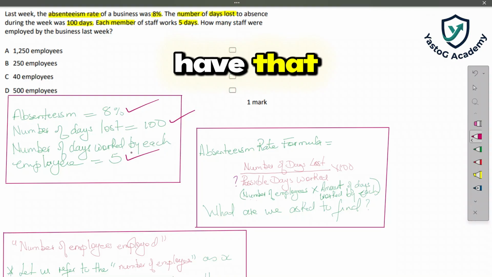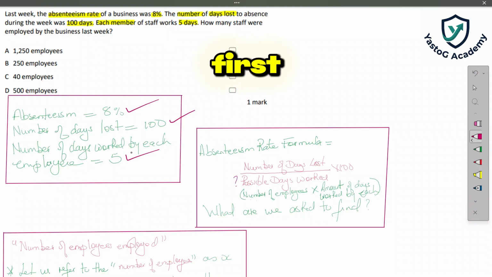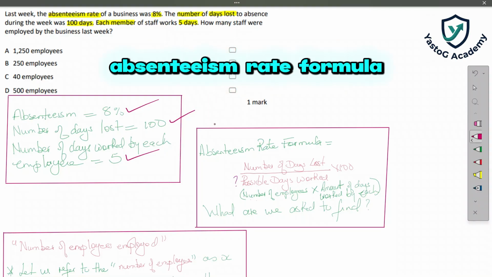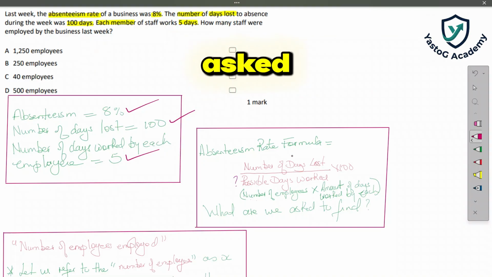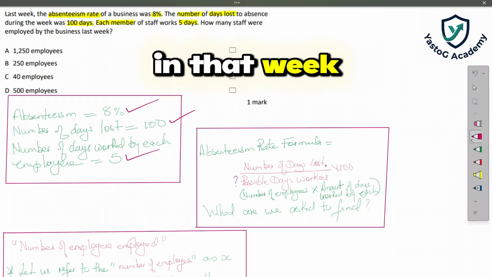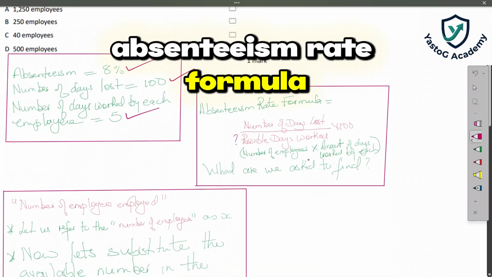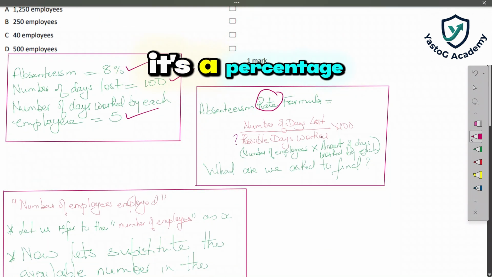Once we have that, and maybe this should have been the first actually, formula first. We're going to write the absenteeism rate formula, because that's what the question is about, even though we're asked to find how many staff were employed by the business in that week. And by the way, that rate tells you it's a percentage.